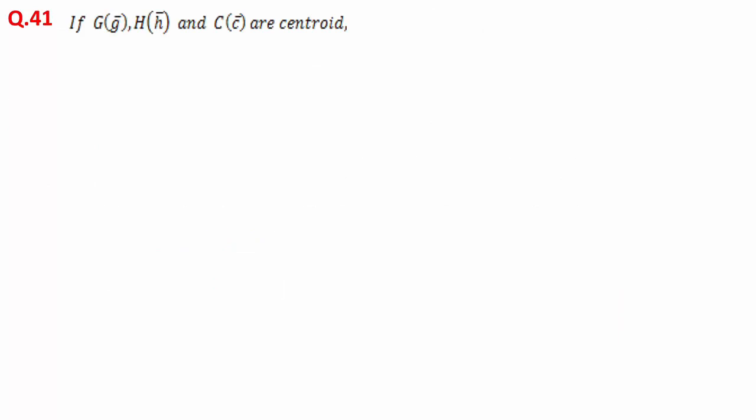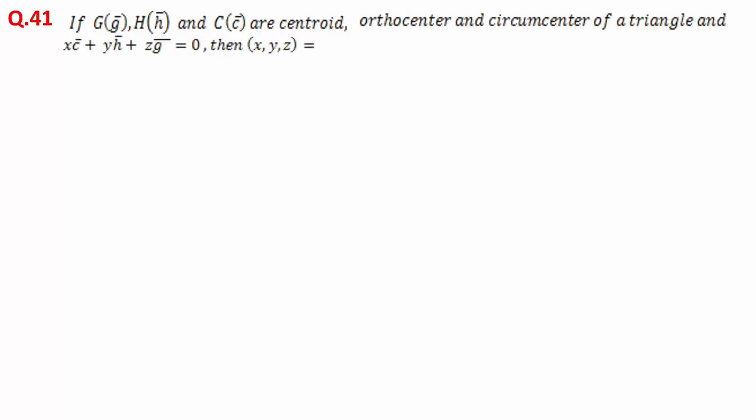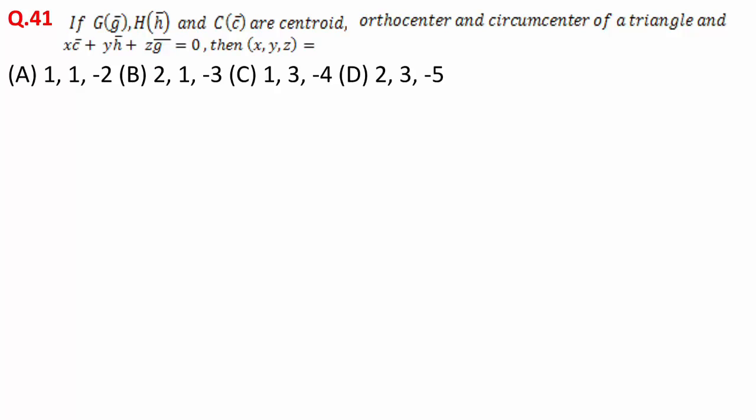Question 41. If G, G bar, H, H bar and C, C bar are centroid, orthocenter and circumcenter of a triangle, and XC bar plus YH bar plus ZG bar equal to 0, then XYZ is, options are A 1, 1, minus 2, B 2, 1, minus 3, C 1, 3, minus 4, D 2, 3, minus 5.